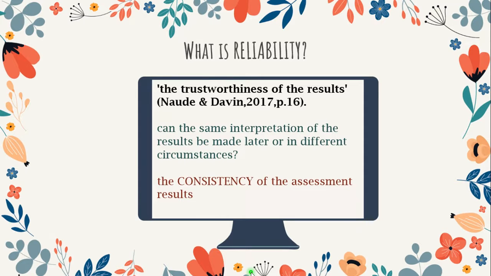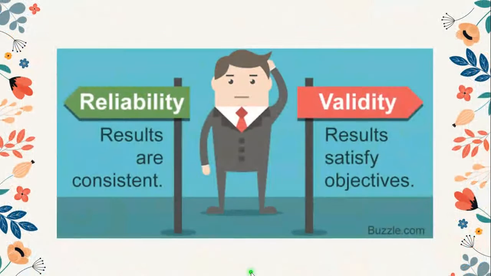And is there consistency in those assessment results? Here's a nice visual that shows you about reliability and validity. Reliability means that the results are consistent, and validity means that these results satisfy the objectives.